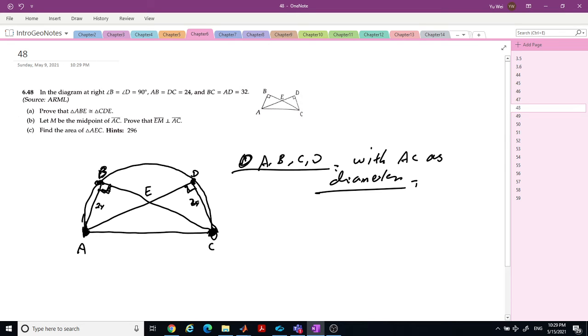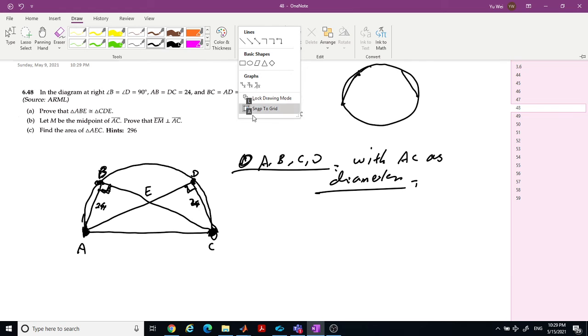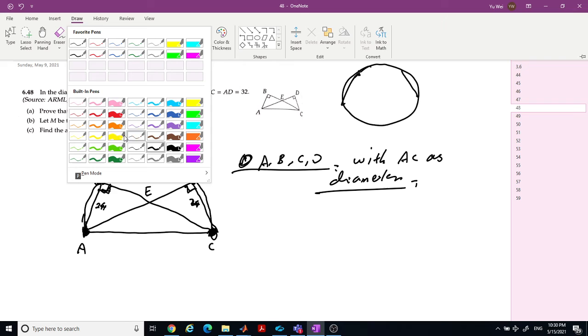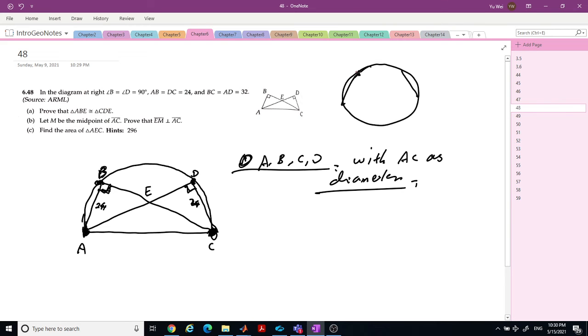So if you see this kind of 24, 24 in a circle in the future, I want to teach you, if you see two chords are the same, this means the arcs spanned by the chords are also the same. Okay, if we have two chords the same, this arc is equal to this arc.